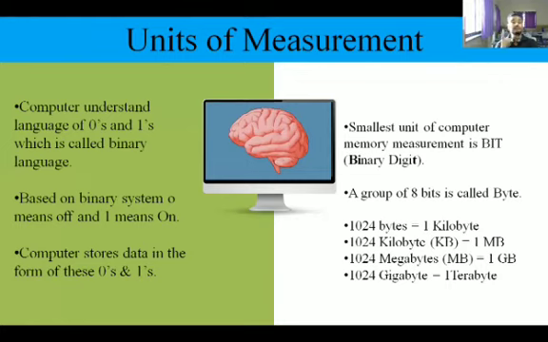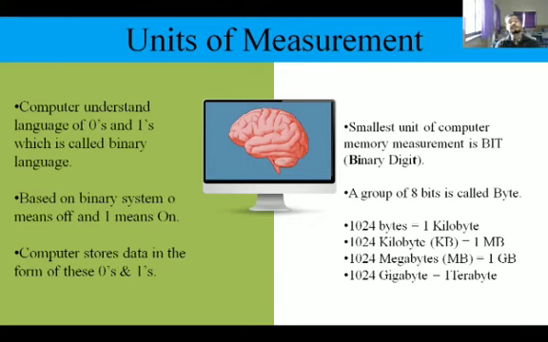Units of measurement, but on which language does a computer work? Binary language. Binary language contains how many digits? 2. Which are those? 0 and 1. 0 means off, 1 means on. The smallest unit of computer memory measurement is the bit, binary digit.